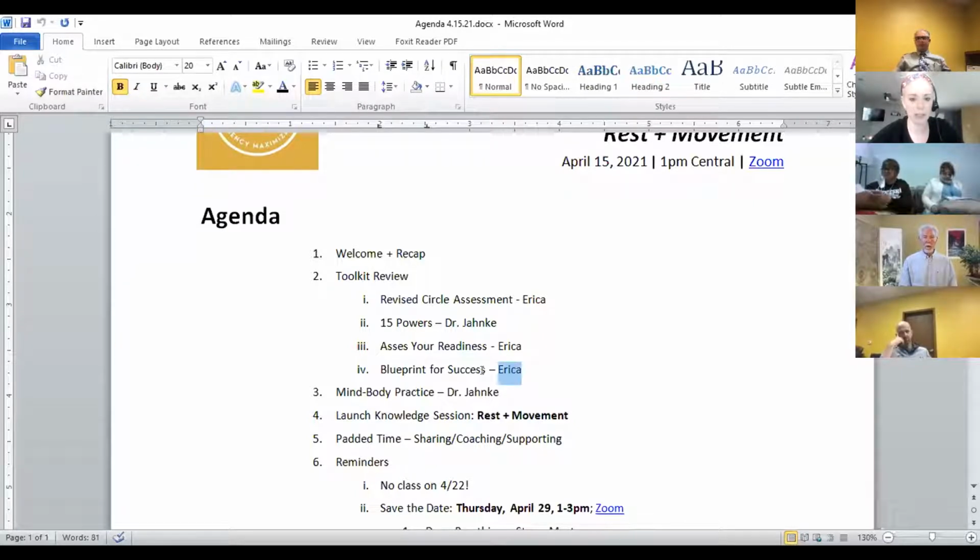In this blueprint for success, I think I'm going to hold back for the third session, just to keep us on time. And then before we take a few minutes to break, and you can do something at 2 o'clock for yourself, I might see if Dr. Yonke would lead us in just some deep breaths or movement, something connected, so that you take away something to perhaps share with yourself or a family member or your students. And then we'll get into the rest and movement, which will kind of conclude our portion and hopefully have time to share in that engagement.